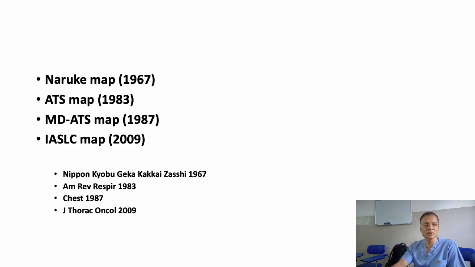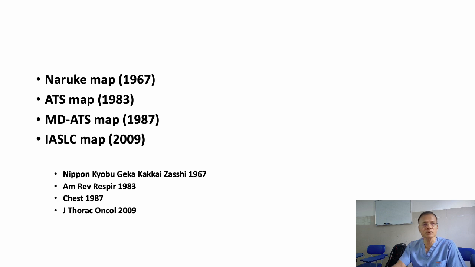Thereafter, the American Thoracic Society in 1983, since there were shortcomings in that map also. Thereafter the Mountain-Dresler map, again ATS, American Thoracic Society, came into function in 1987.